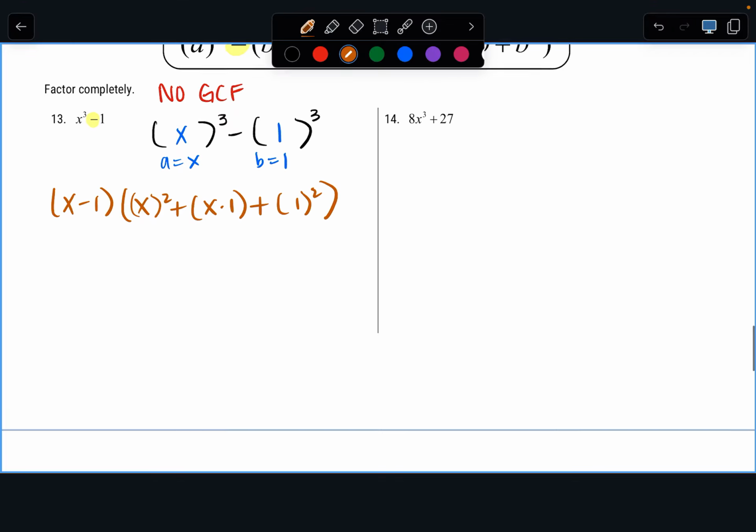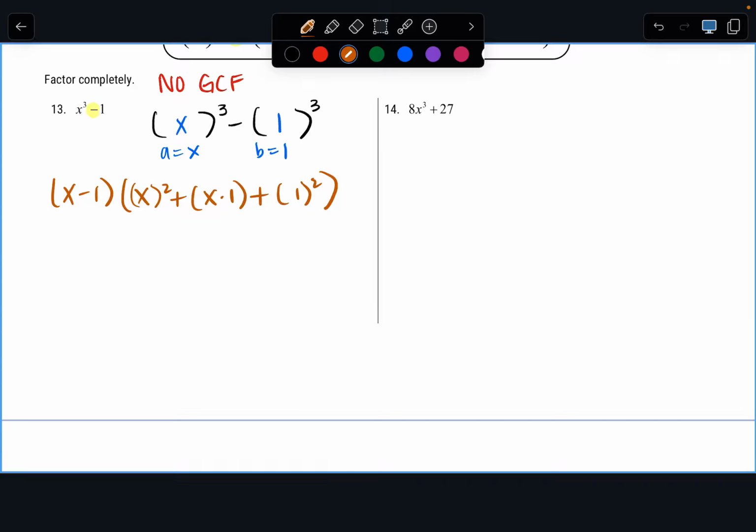Now, notice, for this particular problem, I kept it in parentheses. In the case of x and 1, it doesn't make a huge deal, because if you didn't, you probably still multiplied correctly. But if you don't have x or 1 by itself, you could potentially lose points if you don't actually square things and you don't actually multiply things. So the final answer is going to come from doing the squaring and doing the multiplying.